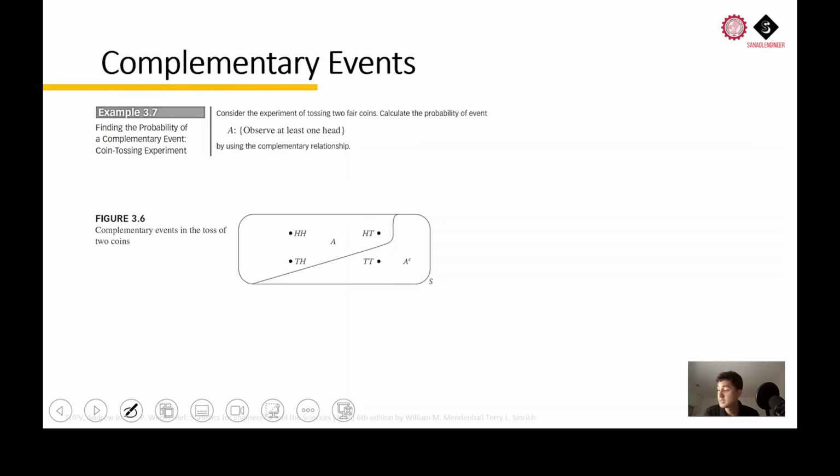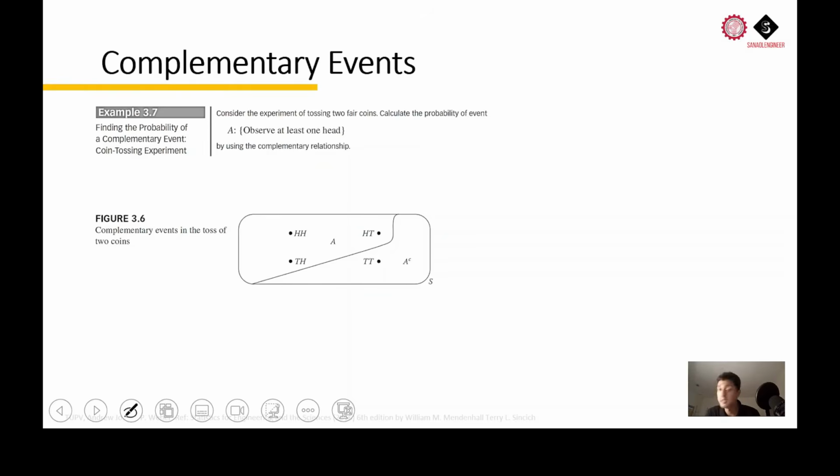As we can see in figure 3.6, the event A contains the outcomes HH, TH, and HT because these simple events have at least one head. So the complement of that is anything that is not the event A, meaning it has zero heads, and that is the outcome tail, tail. But how do we solve this one?